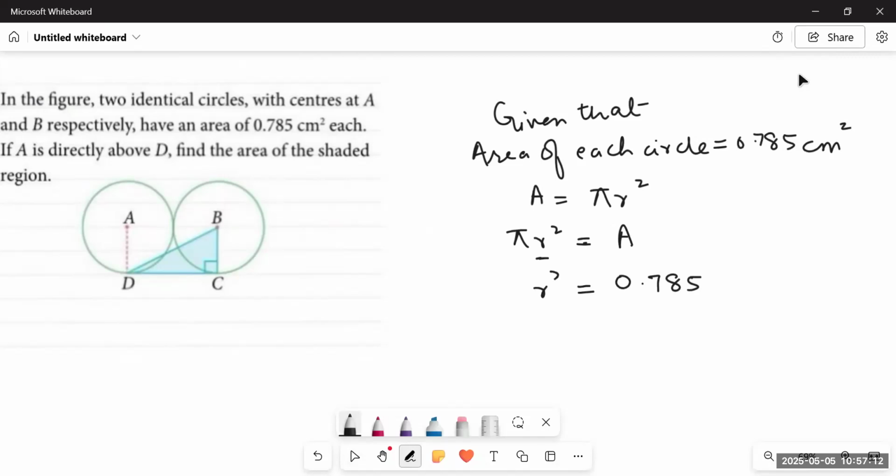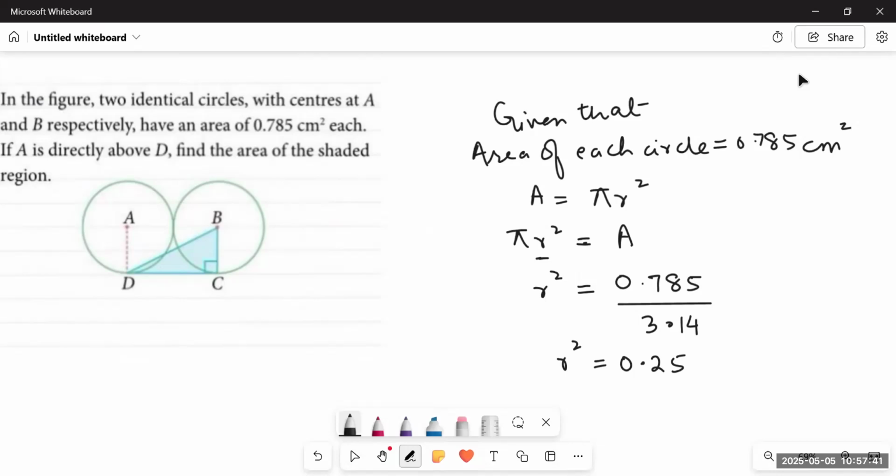Here we have r squared, so we will divide by the value of pi, that is 3.14. First, we are going to divide 0.785 by 3.14, and we will get 0.25 after rounding it up.